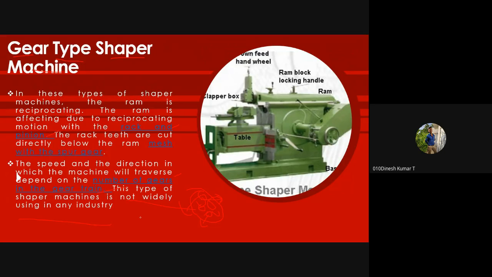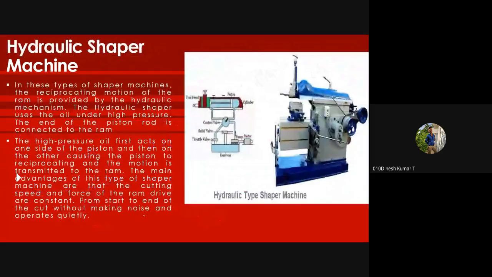Next one is the hydraulic shaper machine, in which the drive is a hydraulic mechanism. In this type of shaper machine, the reciprocal motion of the ram is provided by the hydraulic mechanism. The hydraulic shaper uses oil.